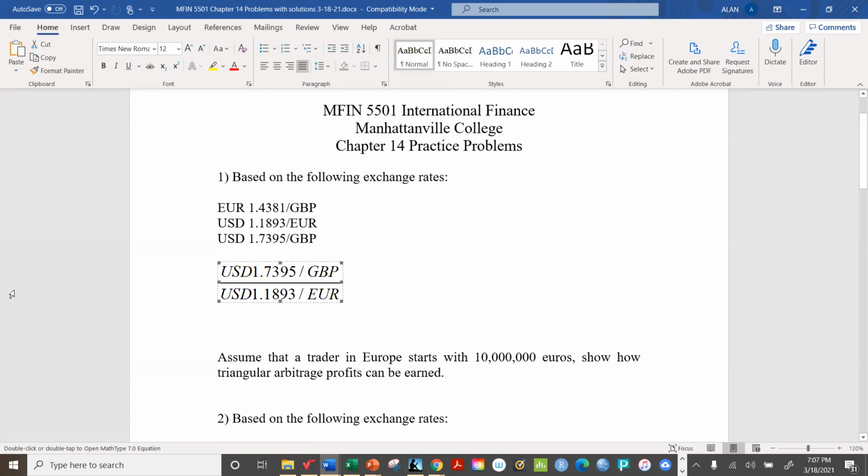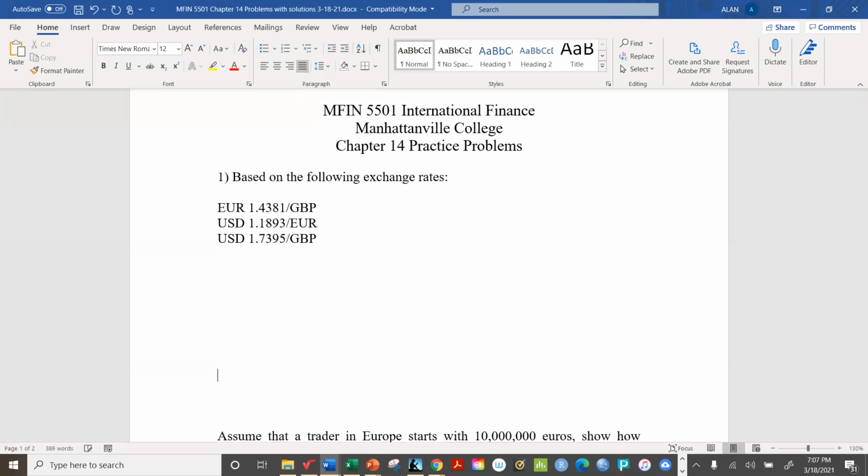Let me just do it by hand. It's so much easier. Let's get this going here. Let's try it this way. We start out with 1.7395 per pound.